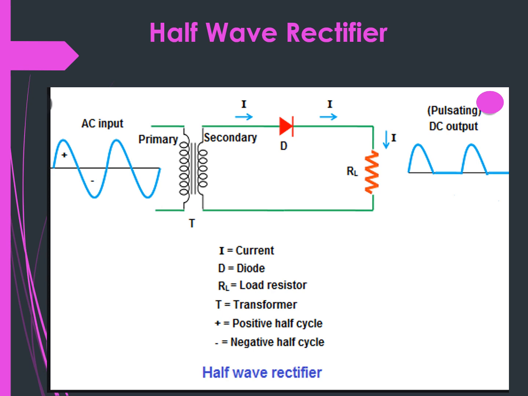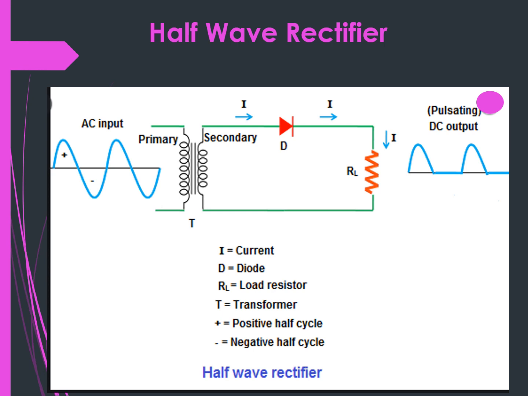Whereas the opposite will happen in the negative cycle. The P will get the negative and the N will get the positive. According to the principle of rectification, if it is reverse biased, no current will flow through it.